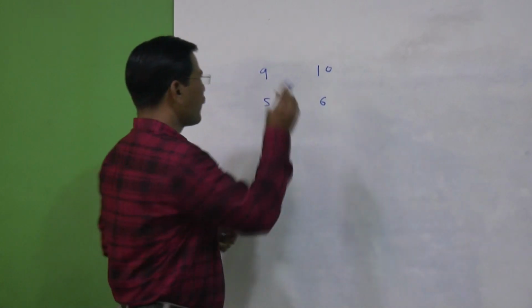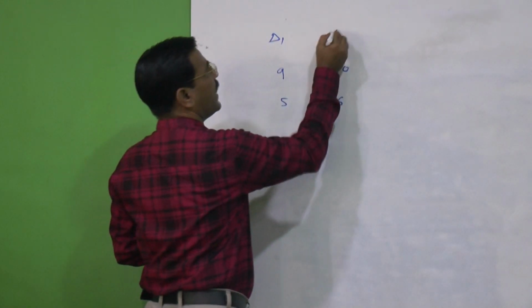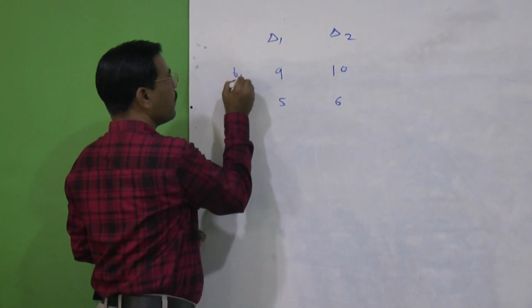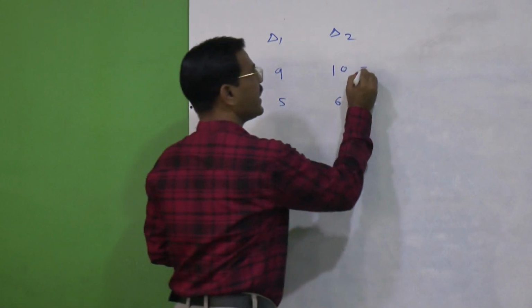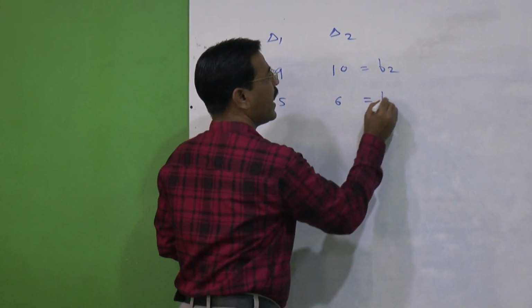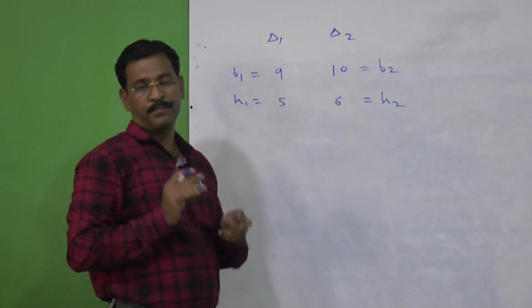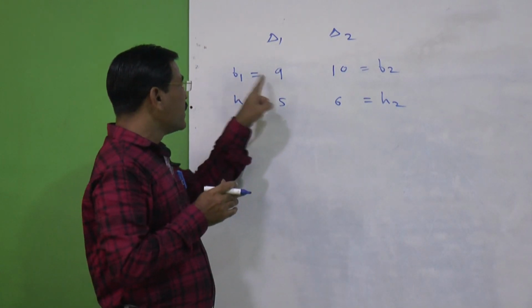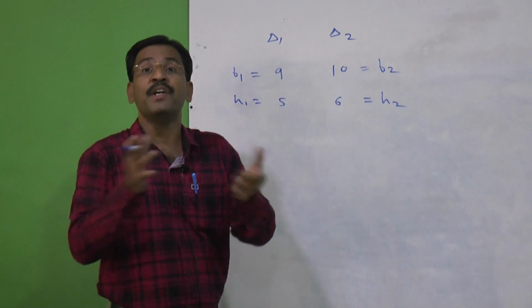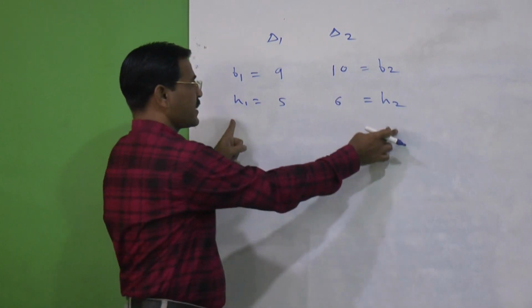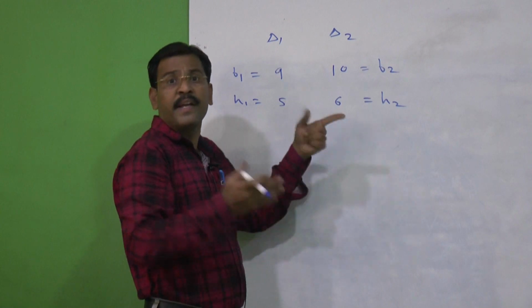See first here, friends, in triangle 1 and in triangle 2, this is the base, this is the height. Observe friends here, this is the base of the second triangle and this is the height of the second triangle. Look here, are B1 and B2 the same? No, that means different bases. Here heights, this is 5, this is 6, again not the same.